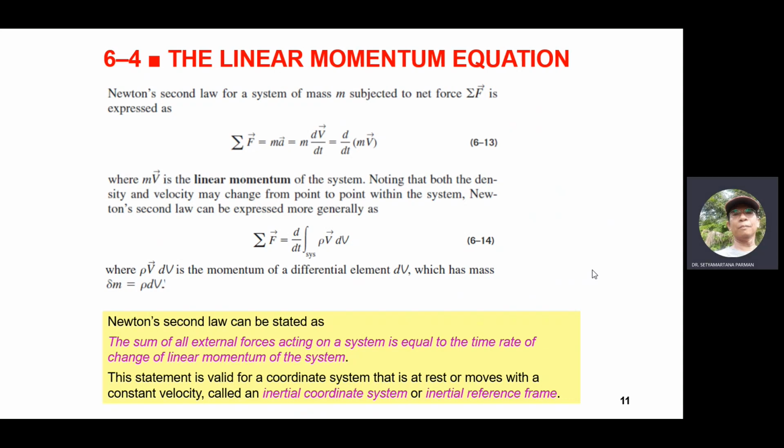Note that the density and velocity may change from point to point within the system.